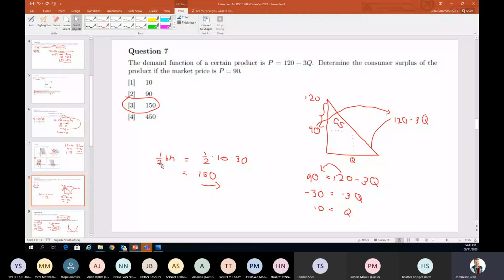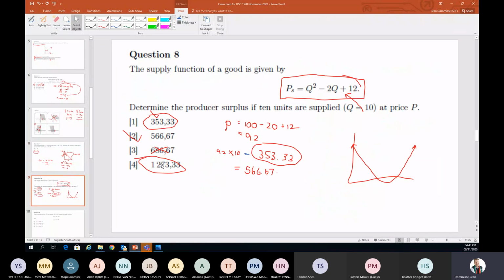The simple, linear consumer surplus, and now suddenly a non-linear producer surplus. So I just want to say how they mix it up, because one is so trained that you get consumer surplus, the next one is producer surplus, so you nearly want to do it in the same format that you did the previous one.